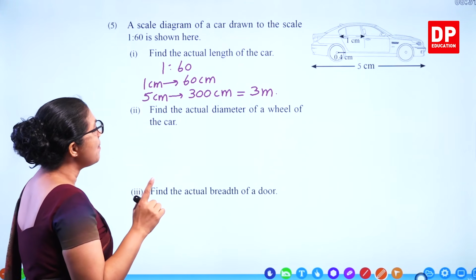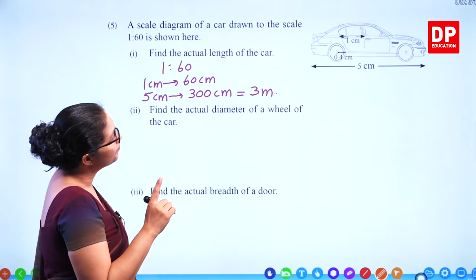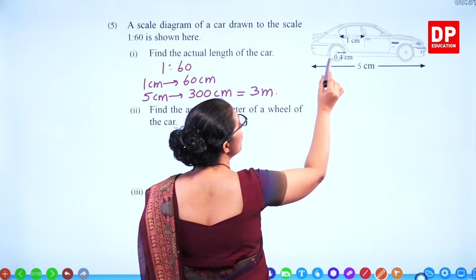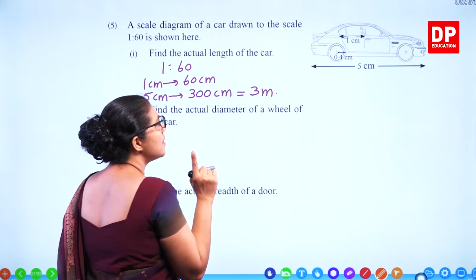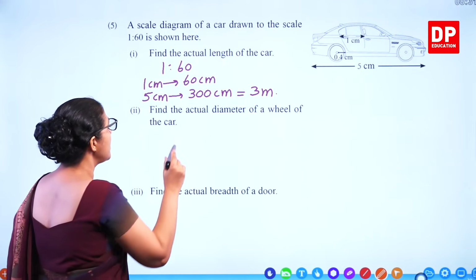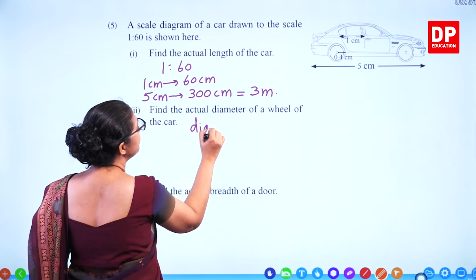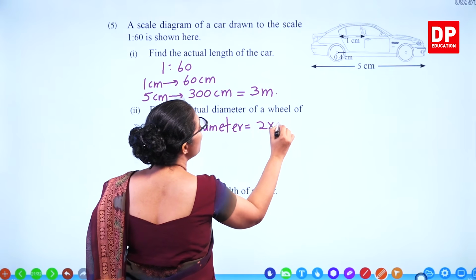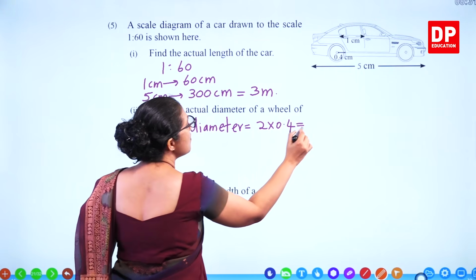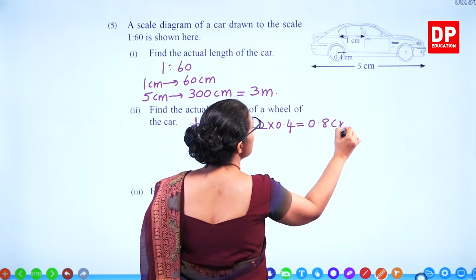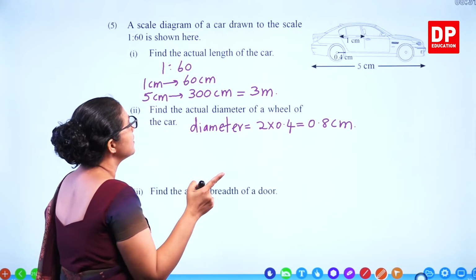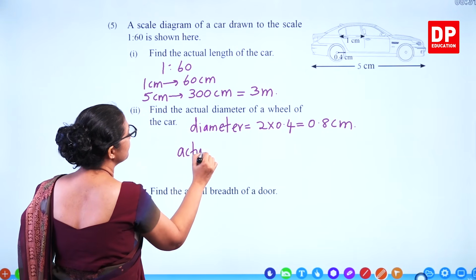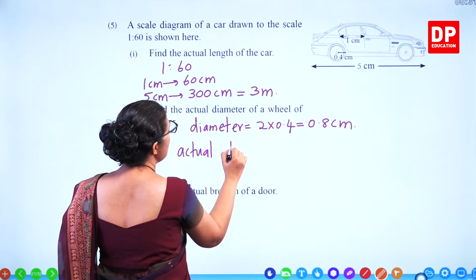Find the actual diameter of a wheel of the car. Actual diameter. So the radius is 0.4. So what's the diameter? Multiply by 2. So diameter is 2 times 0.4. That means 0.8 centimeter. That's the scale. Now actual diameter is what?